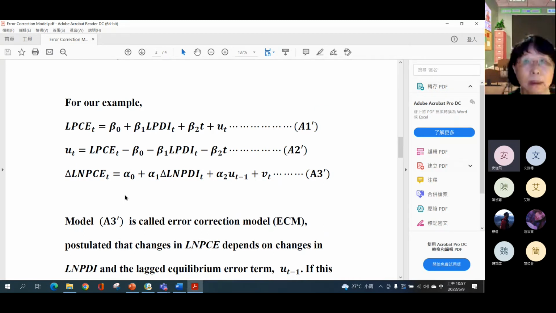Any other questions? Prof, I see the value 0.77, 77%. This is from where, Prof?